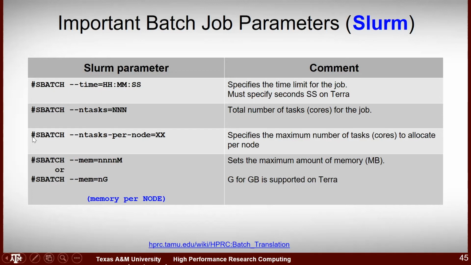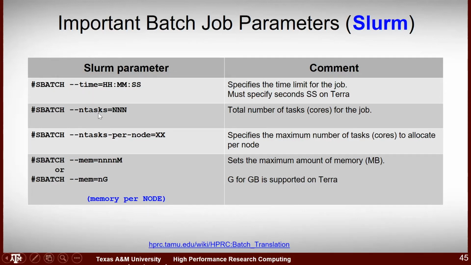And then the next, let's look at this next one, SBatch, n tasks per node. If you need multiple nodes, then you have to specify how many of the cores from your job are going to be on each node. So if you requested, say, 96, that's the double of 48.